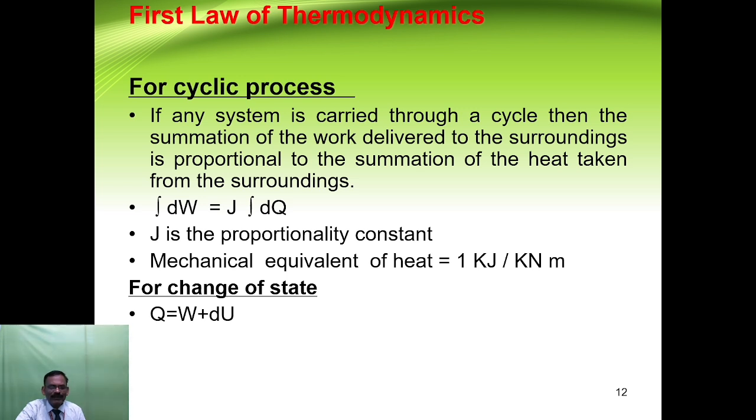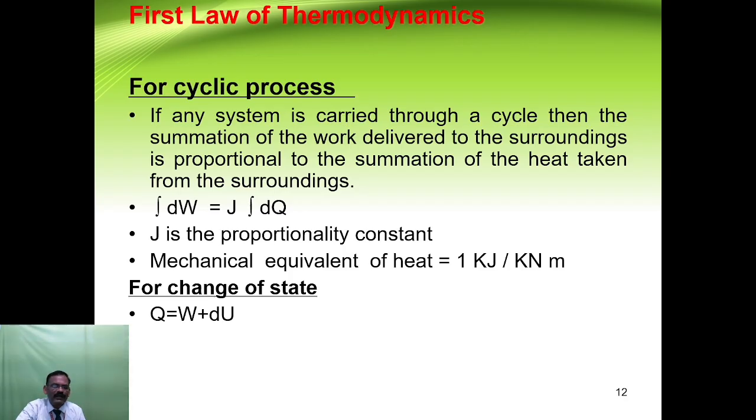So in a cyclic process, the governing equation is integration of dW equals J times integration of dQ. We say that work is proportionally connected to heat, but if we equate the two, we have to put in a proportionality constant.